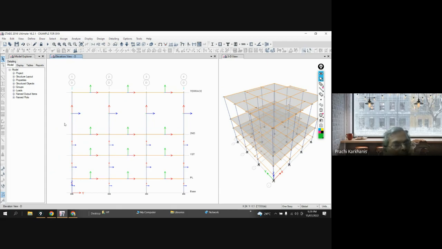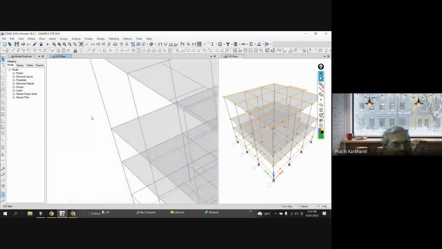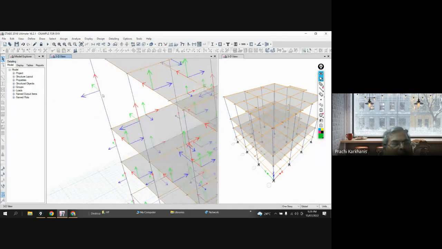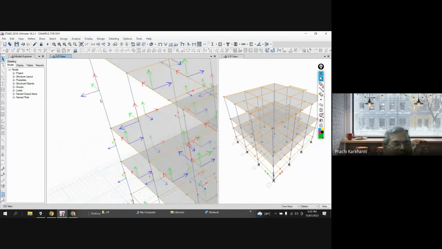Okay. And for columns, let us say if you want to see that in 3D, for columns you will see that your one axis is upward. Okay. Then your two axis, which is this, and three axis is this.